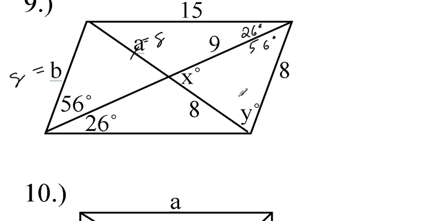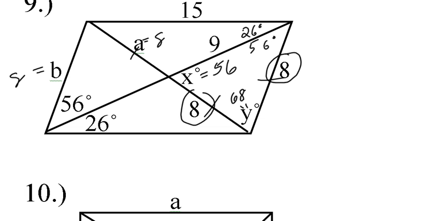Okay, and if you look here, this triangle has an 8 side and another 8 side, and most people will miss that this is an isosceles triangle here, especially because I didn't draw it very well. Okay, but that means X is a base angle with the 56, so that's 56. And the two of these add up to 112 together, so this one has to be 68. Okay, because these three angles add up to 180. So what a lot of people miss is the isosceles triangle here.